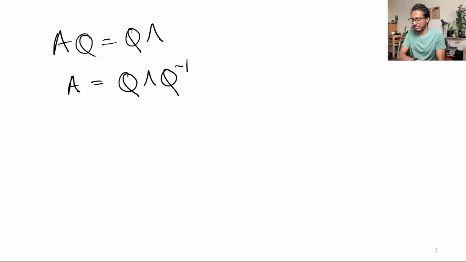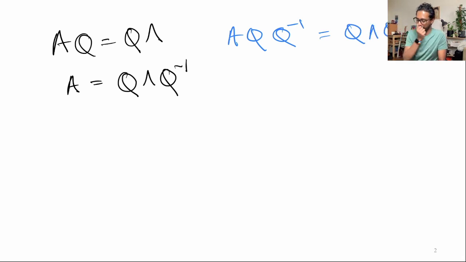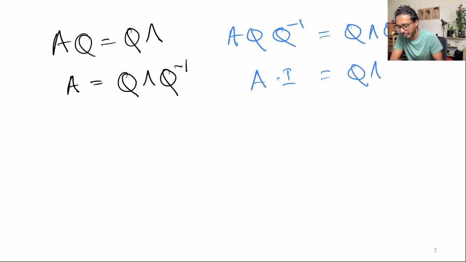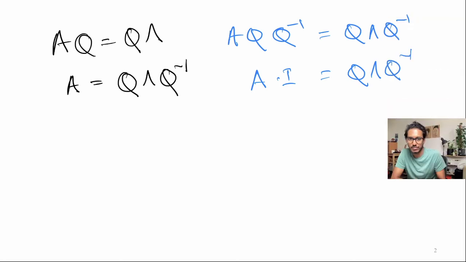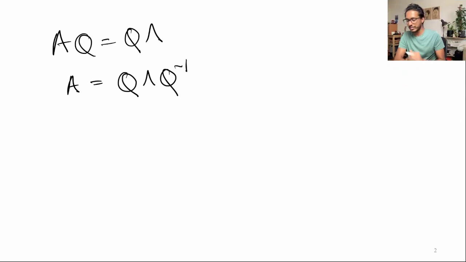Basically what we did is multiply both sides by the inverse of the Q matrix, so that we have A times the identity matrix equal to Q lambda Q inverse, and this means A equals Q lambda Q inverse. I'm going to erase that part because I don't think it's really needed.